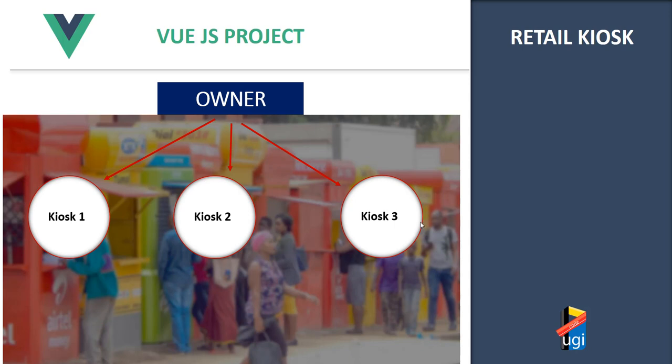So which means each of the kiosks is having different stock of its own, because each kiosk may be handling different customers and in different areas, but the kiosks belong to one owner, though they are in different geographical locations.